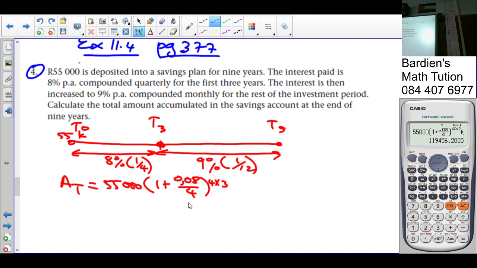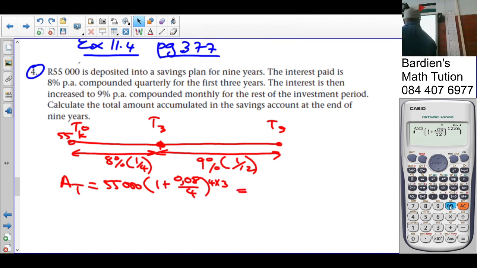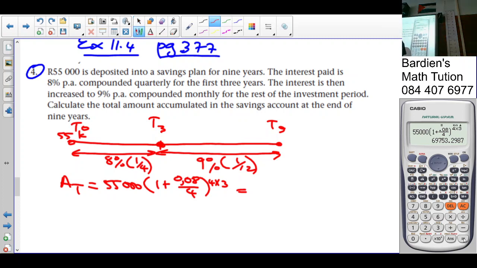So that gives us a total of 69,753 rand and 30 cents. Thank you. So that's the amount lying here.